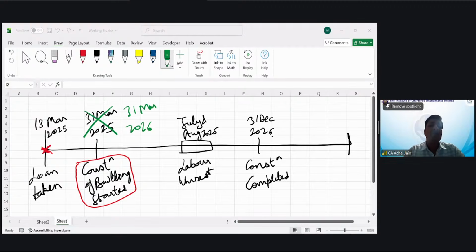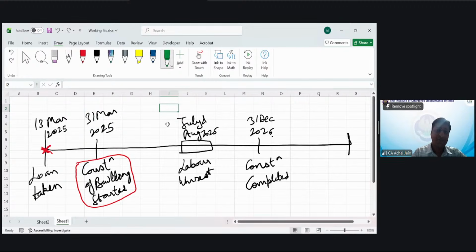The answer is no. So that's why, what should you do? That's why you should always consider the date which is later of these two dates. Later of means, so when do you start the capitalization?